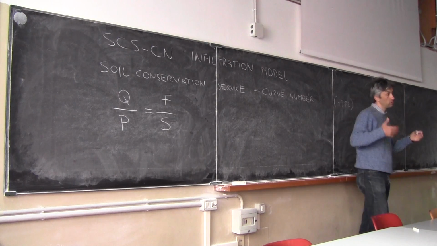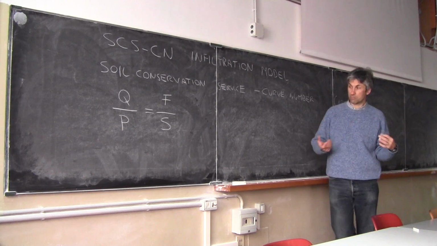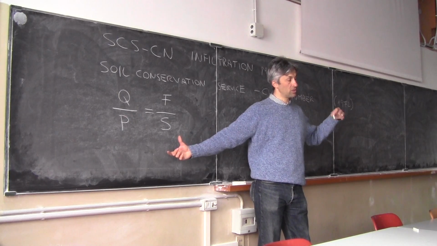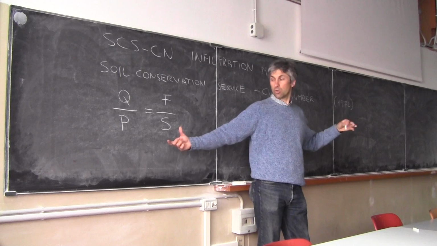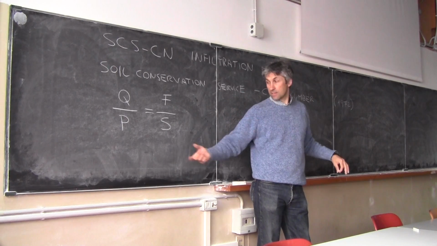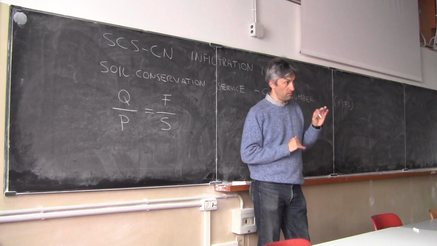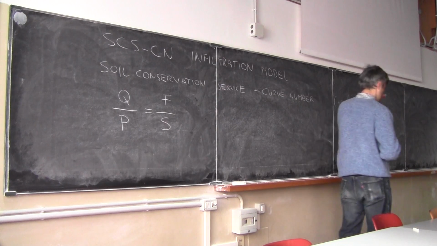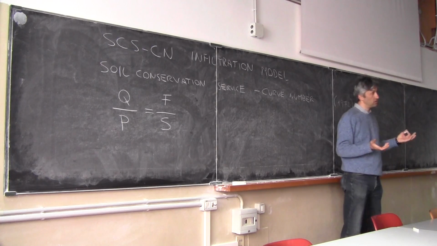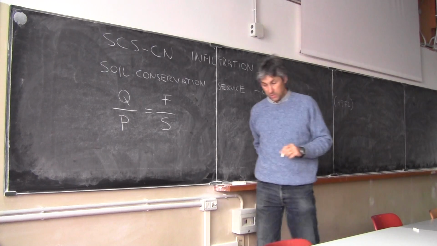It's something similar to Cmax of the Helmut model. It's the maximum soil water storage, or you can call it the maximum infiltration capacity of the soil. S means the maximum amount of water that can be stored in the soil.